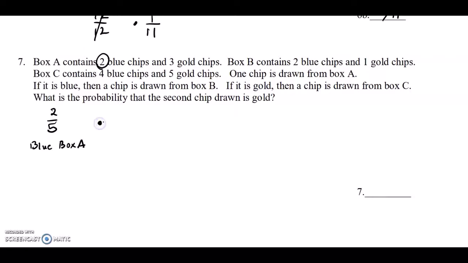And then I go ahead and choose, if it's blue, a chip is drawn from box B. And then the second chip is gold. So from box B, I have 1 out of the 3 chips that are gold.